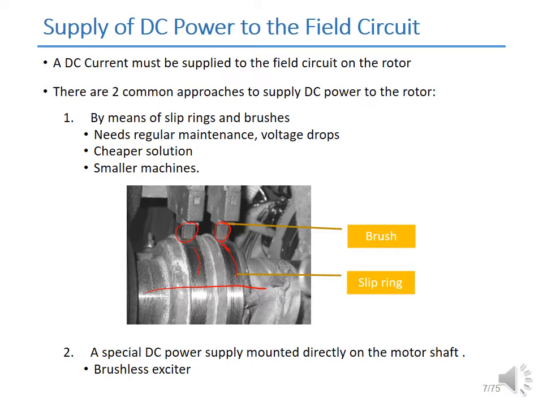The second method is a special DC power supply that is mounted directly on the generator shaft. We call this system a brushless exciter, and we will see this in more detail in the following slides.